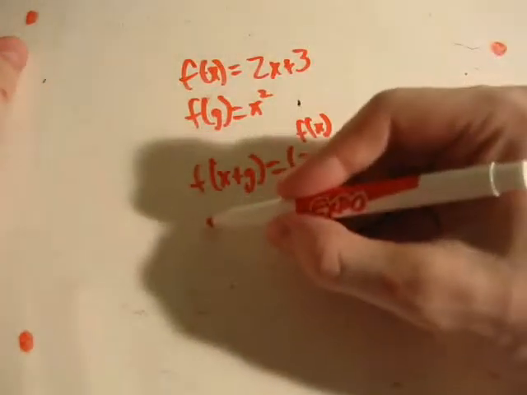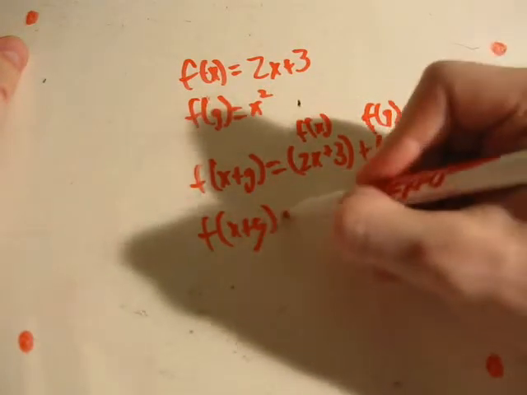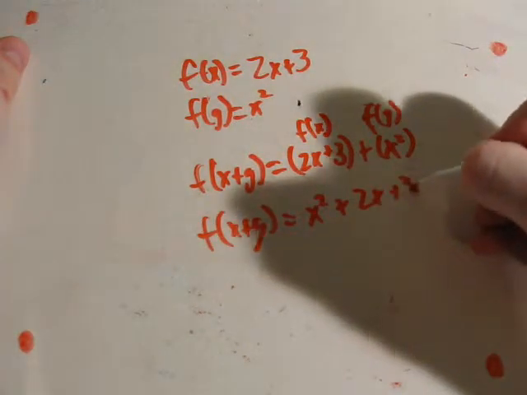Which doesn't really get you anywhere in this equation, because f of x plus g will just be x squared plus 2x plus 3.